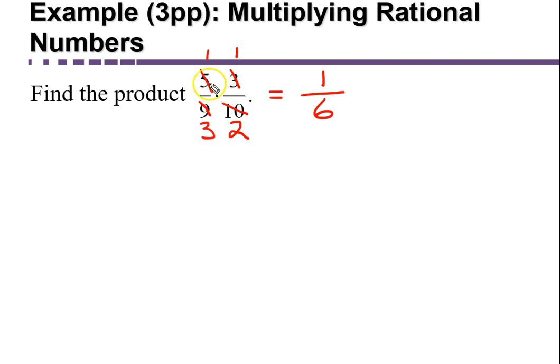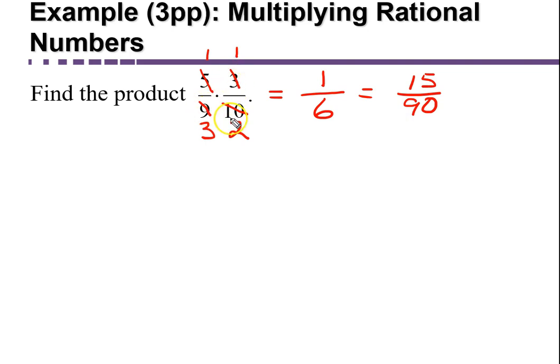Now if you did it the other way, 5 times 3 is 15, and 9 times 10 is 90, you would have to simplify that until you ended up with something like this. In fact, you could take a 15 out of each one of these.